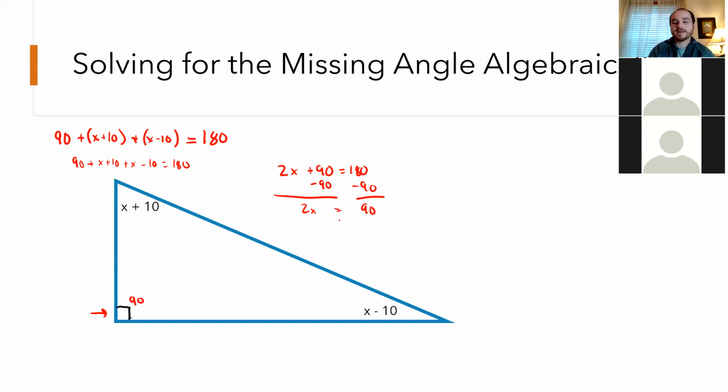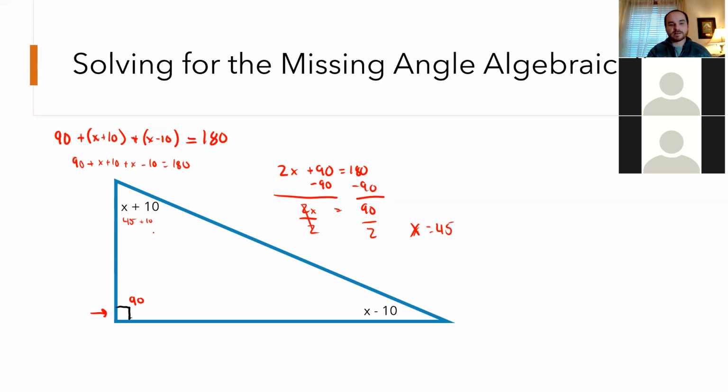And then how do we solve for the x? Divided by 2, exactly. So this leaves us with x equals 45. And then since we want to solve for each of our angles, we can say, okay, we have 45 plus 10.